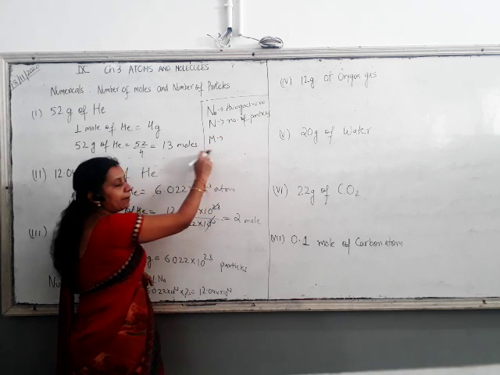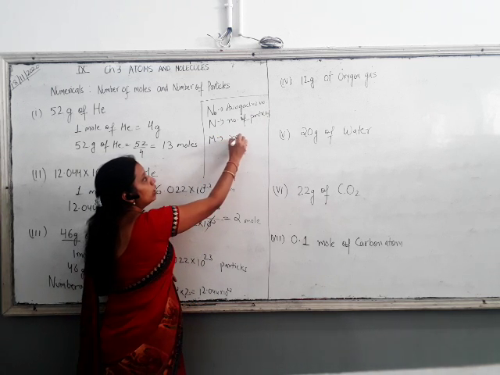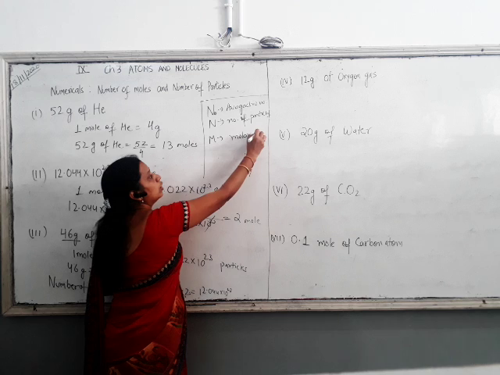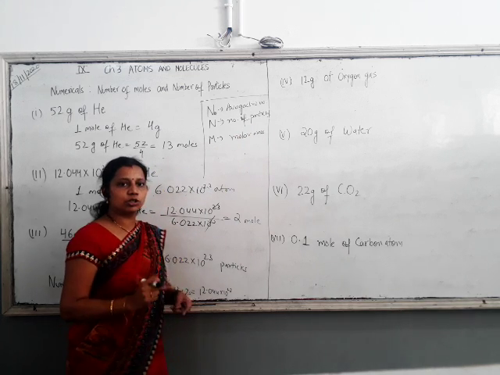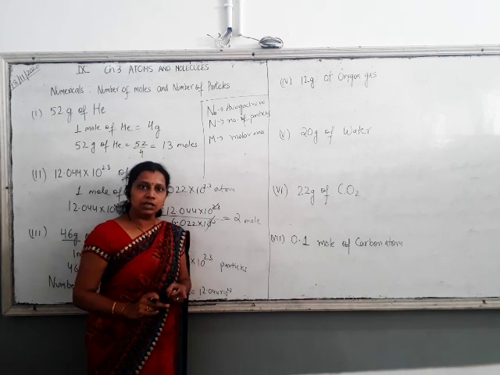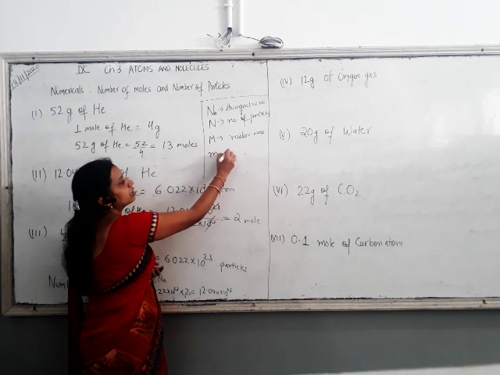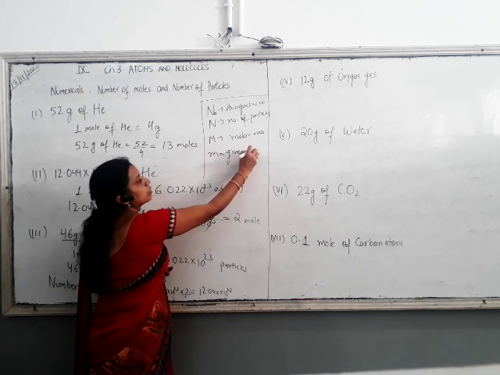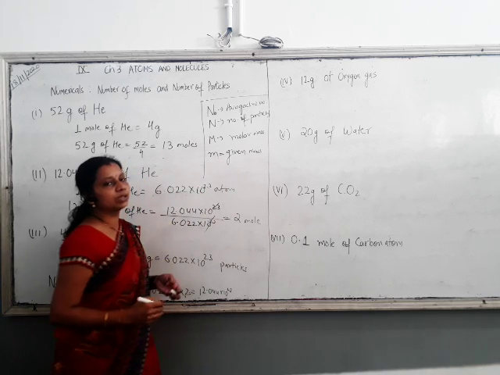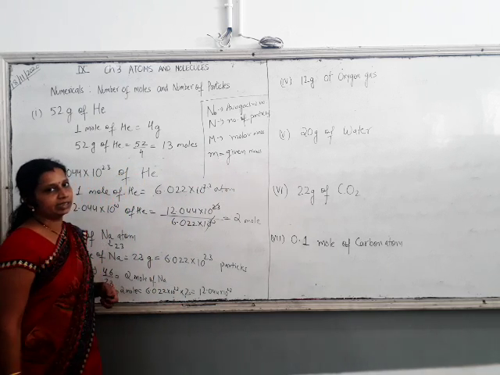Capital M is your molar mass or molecular mass. Molar mass you talk about in terms of gram, molecular mass in terms of atomic mass unit. Small m is your given mass. So you can use these abbreviations here, or directly write it like this.